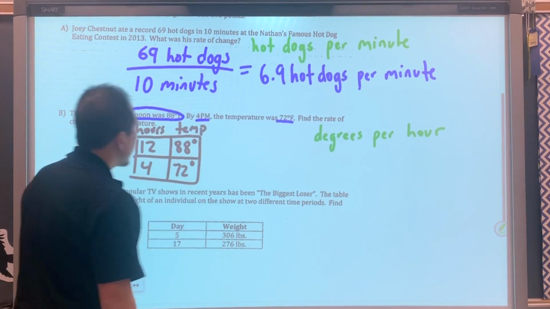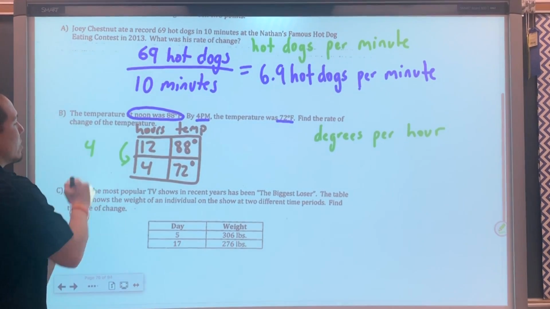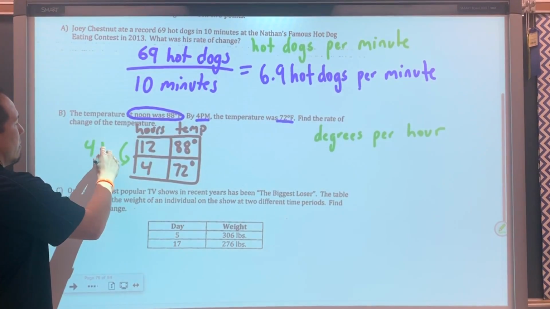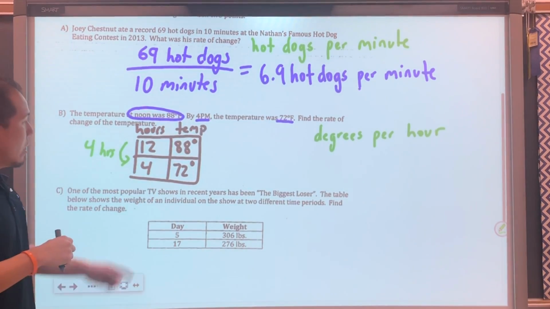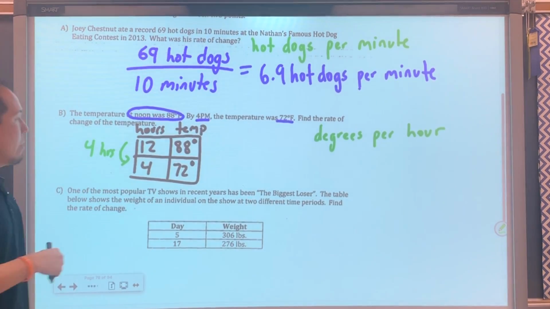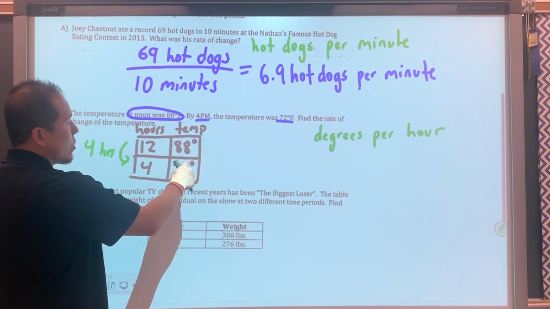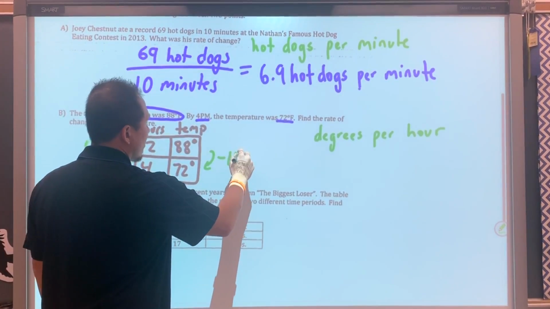So let's look at our change. From 12 to 4, that's 4 hours. And from 88 to 72, we're actually going down. How much? Well, we subtract 72 minus 88, and we're going down 16 degrees.